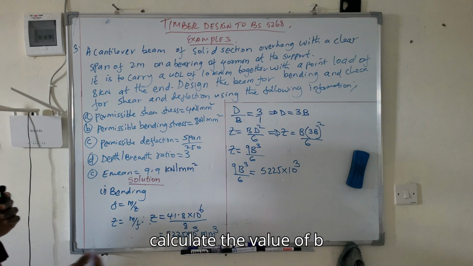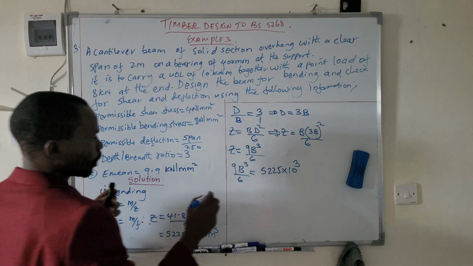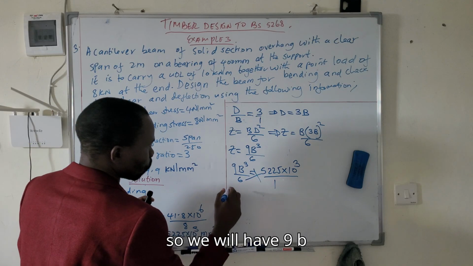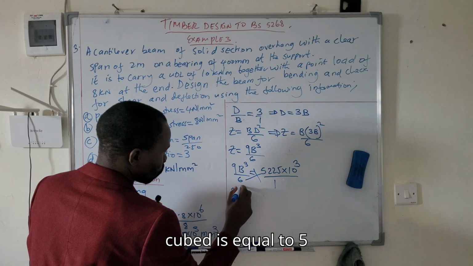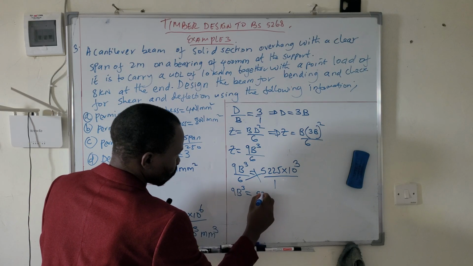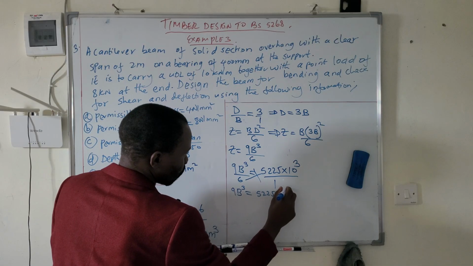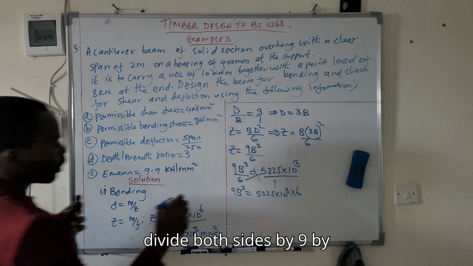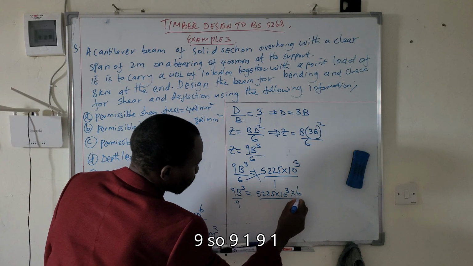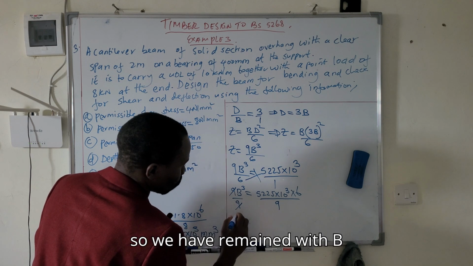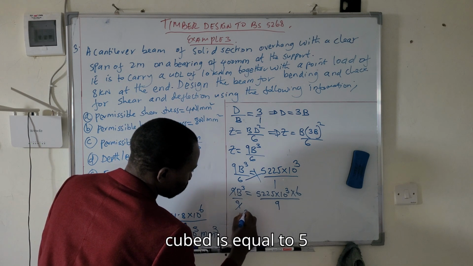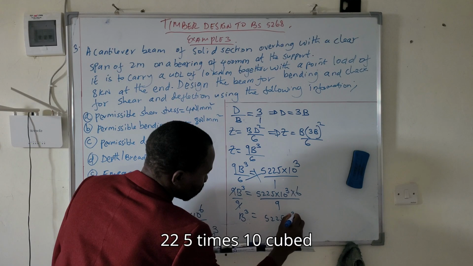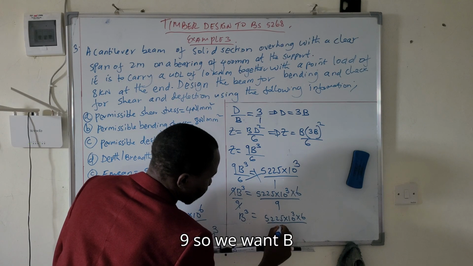So we can calculate the value of B. You cross multiply 6, so we will have 9B cubed is equal to 5,225 times 10 cubed times 6. Since we want B, we will divide both sides by 9. So we remain with B cubed is equal to 5,225 times 10 cubed times 6 over 9.